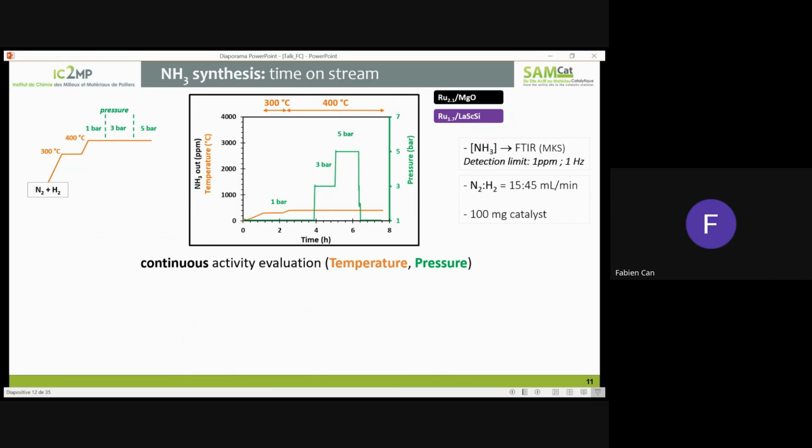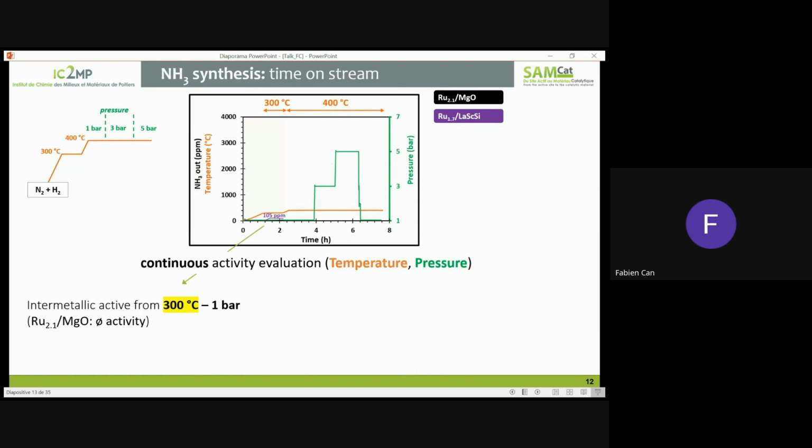First we will compare the reference sample based on MgO to the most used intermetallic sample, which is based on lanthanum scandium silicon, the first intermetallic published in the literature.